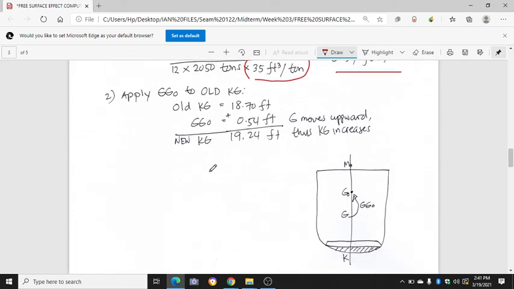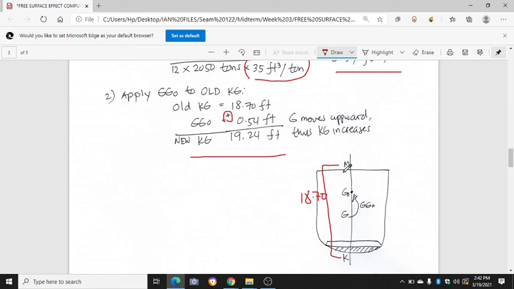Since we know the old KG is 18.7 feet, and the rise of G moves upward, the old KG 18.70 feet plus 0.54 gives the new KG of 19.24. There is a rise of KG, an increase of KG, and a decrease of GM.